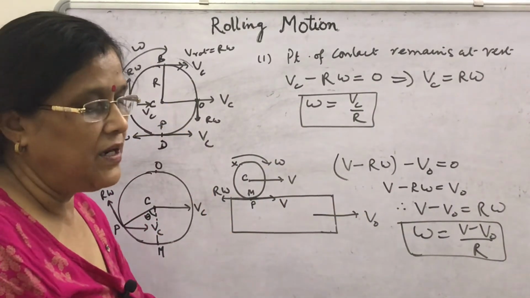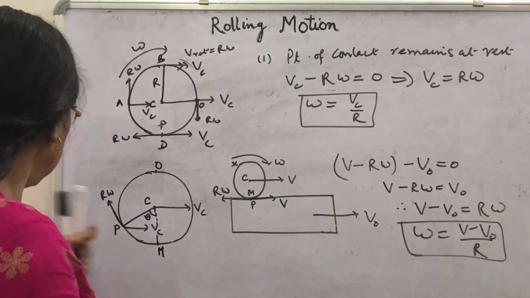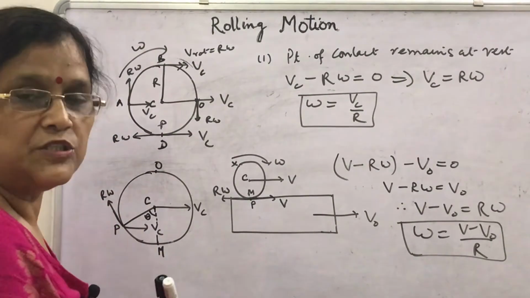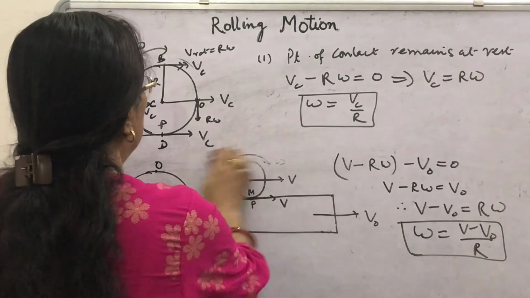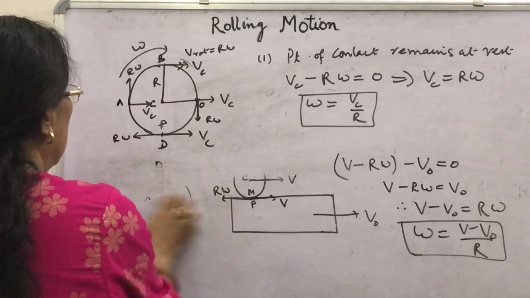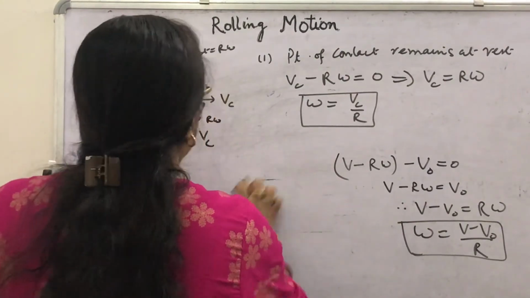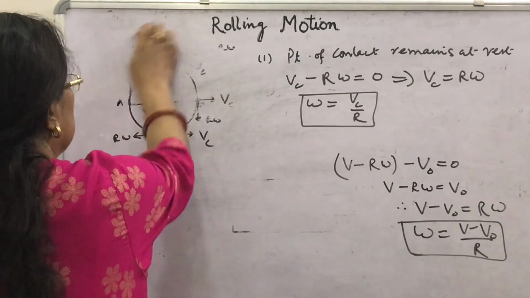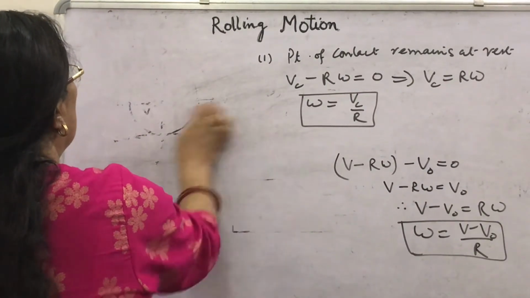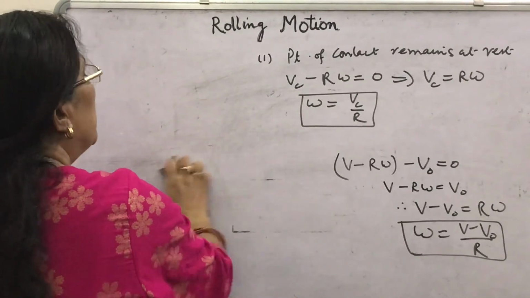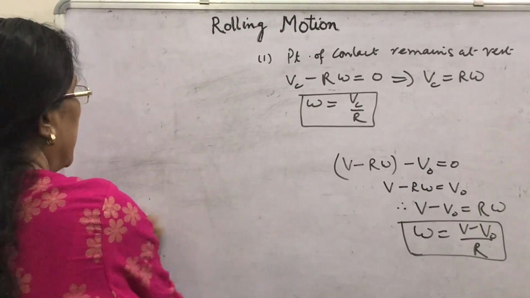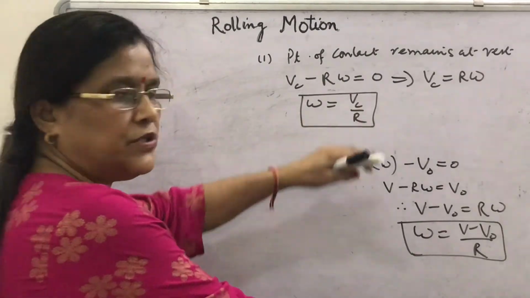For example, this question is asked in CBSE PMT 02. Look, there is an object and again it is rolling with the same velocity omega, and it is given that omega is v by r, where v is the velocity of center of mass.